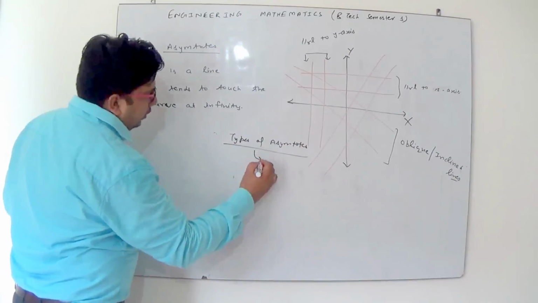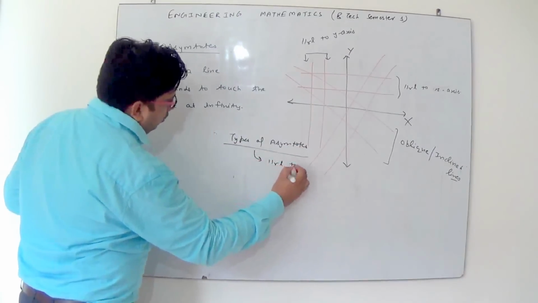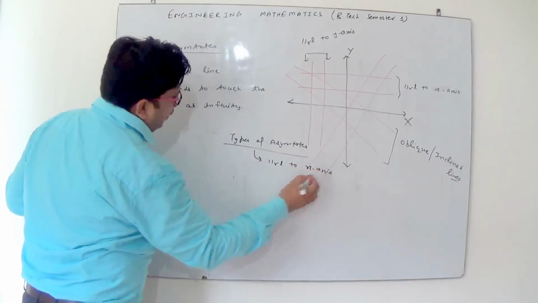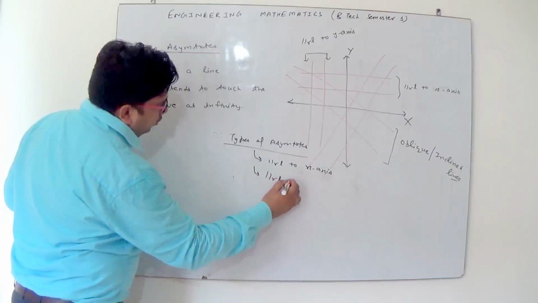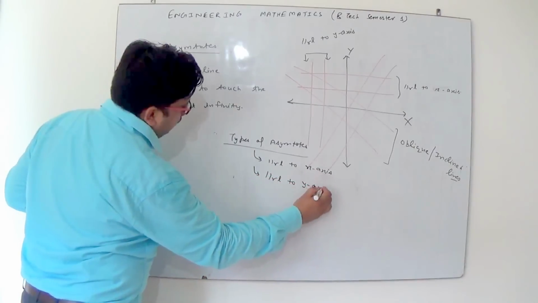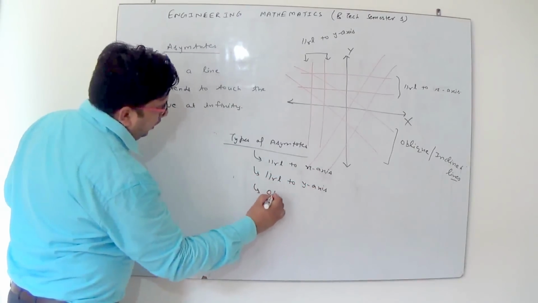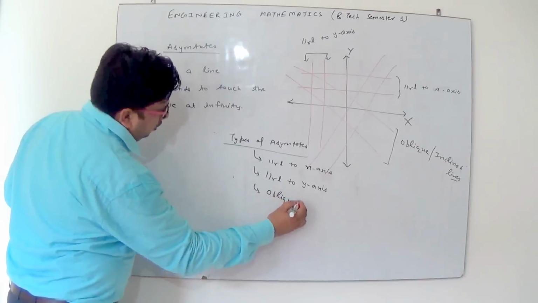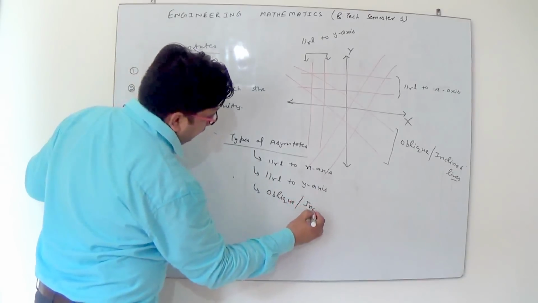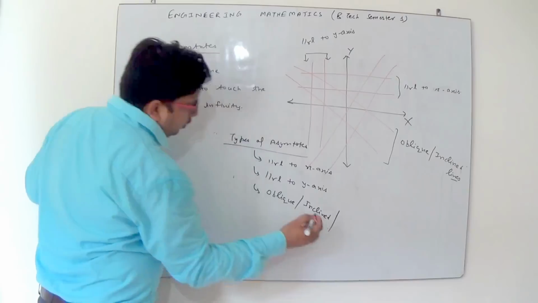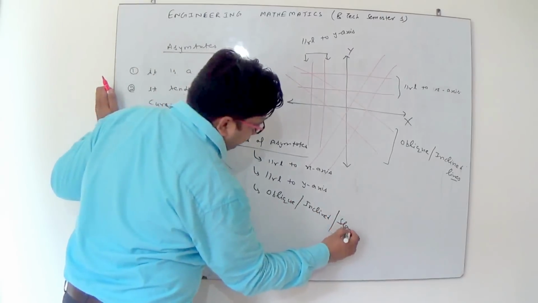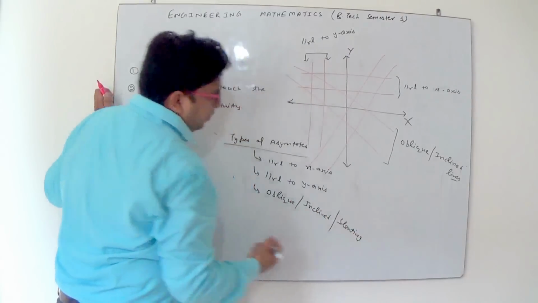So similarly, asymptotes are of three types: parallel to x-axis, parallel to y-axis and oblique, inclined or slanting asymptote.